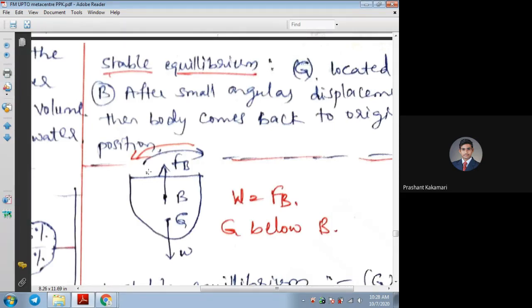Even while propelling or stopping the body, front and back movement will be generated. Similarly here, a moment is generated about this BG axis, the vertical axis between the weight and the buoyancy force.